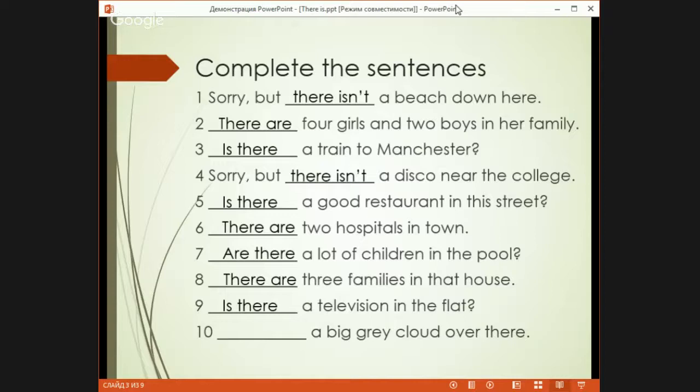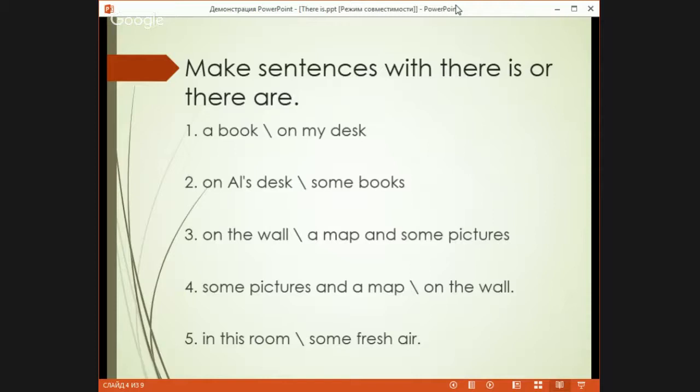And number 10, there is a big gray cloud over there. The next one, we have the words and we need to create constructions with there is or there are. Please remember that when we use this construction, first of all, we say what, and after that, where it is. Please pay attention to the order.